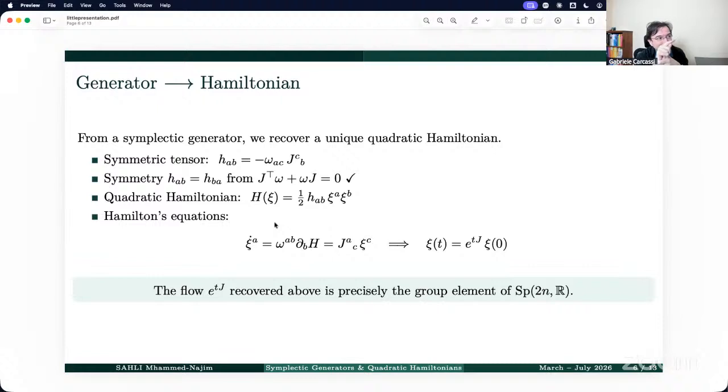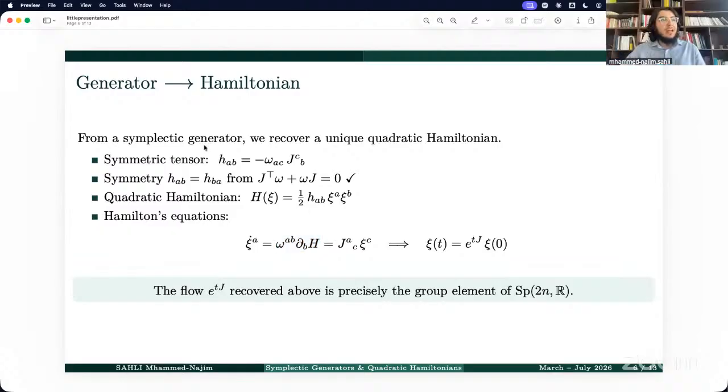And so in Hamilton's equation in the last line, that xi-dot^A equals omega^AB partial_B h, that partial h now will only have one xi, and so J^A_C is just a matrix, so that's just a linear system, right? And so the link is between the quadratic Hamiltonian and the J, which is the generator, meaning the linear transformation from the state to the derivative, and once you have a linear system, then the solution is just an exponential, right? So that's basically the building blocks.